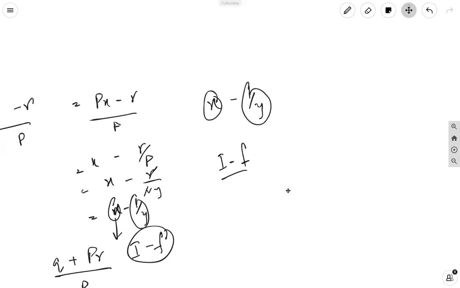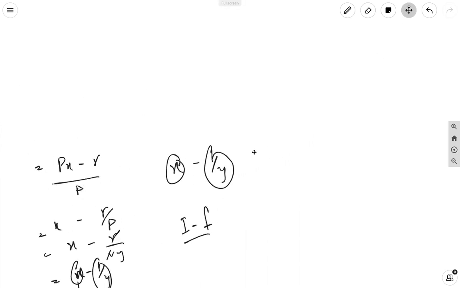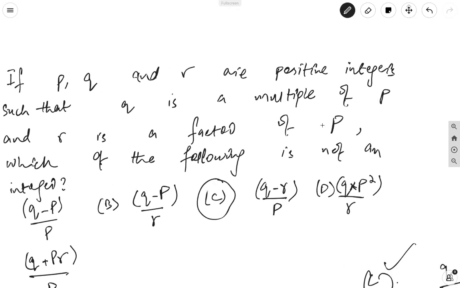I think I have a little bit of confusion over here. I have done it slightly differently. As per the question, I have supposed Q by P is equal to integer 1, and P by R is equal to integer 2, as given in the question.